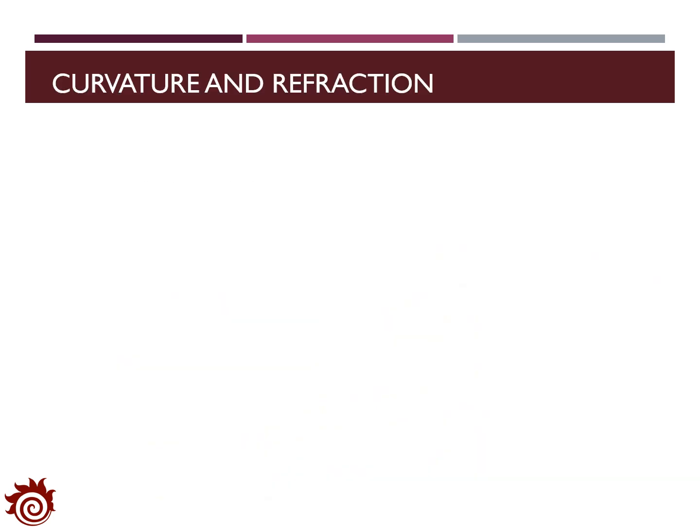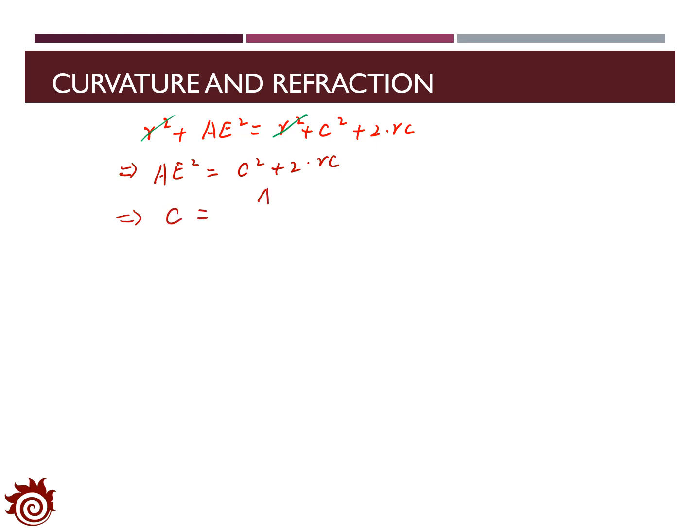We can make some further analysis about the curvature error. From the previous page, we know that R squared plus AE squared equals R squared plus C squared plus 2RC, and we can cancel R squared on both sides. That gives AE squared equals C squared plus 2 times RC, which is equivalent to C equals AE squared over C plus 2R.